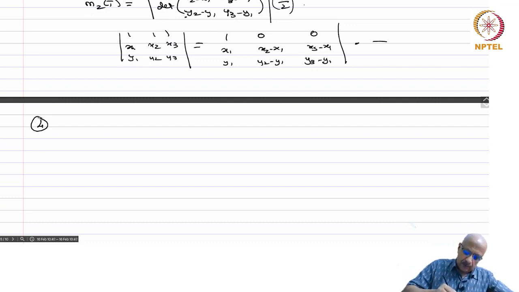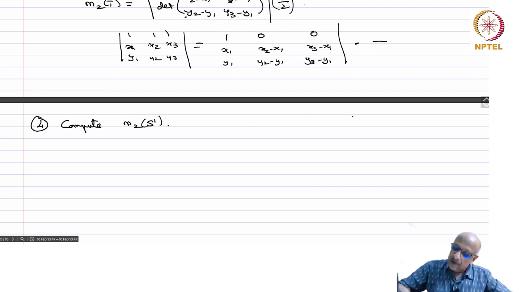For part C, compute M2 of S1. So S1 is a unit circle, and we want to compute its Lebesgue measure in this.